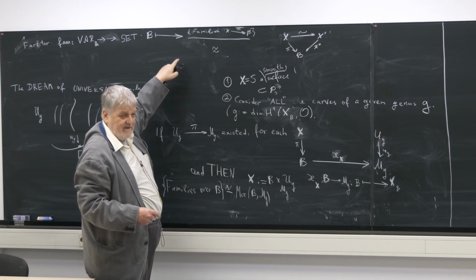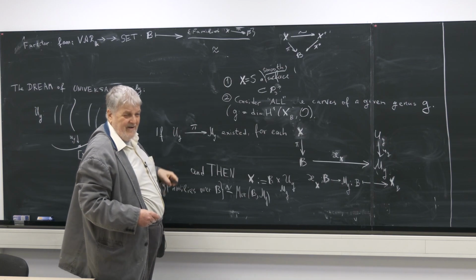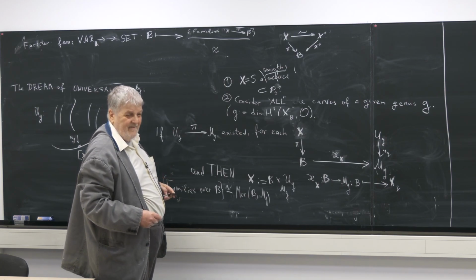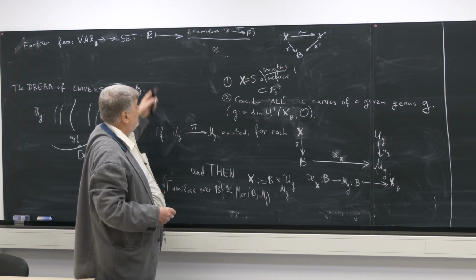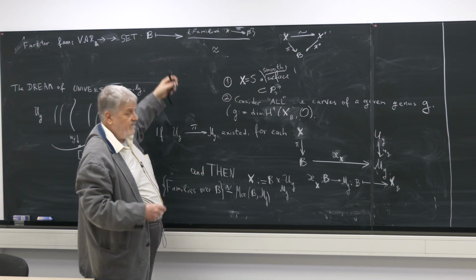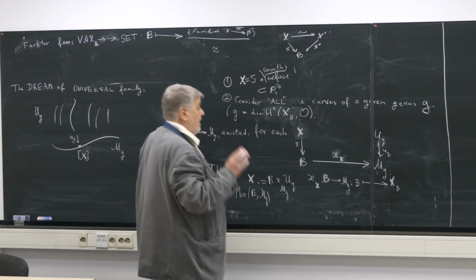Okay. So it is correct. So B is not a projective line. No, it is an arbitrary base. Arbitrary base, well, assumed.